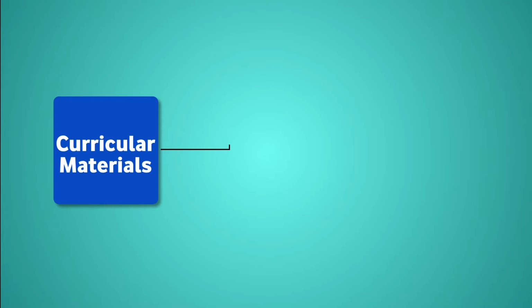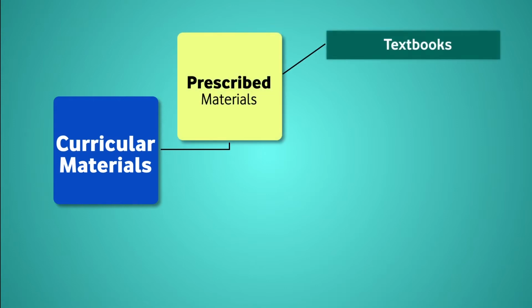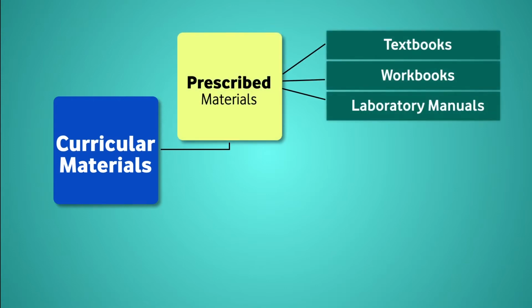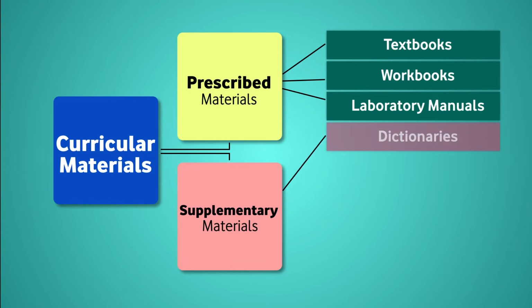So, let us go forward and try to understand the types of curricular material. Broadly, if I categorize curricular materials, I can say that they are of 2 types: one is called the prescribed materials and the other is called the supplementary materials.